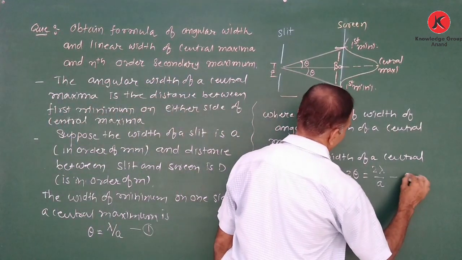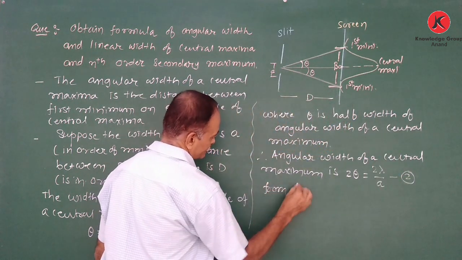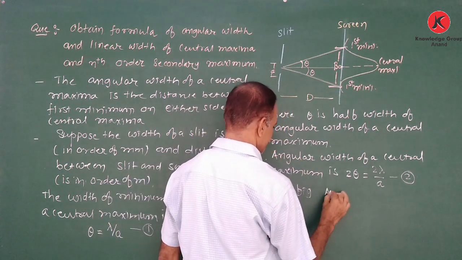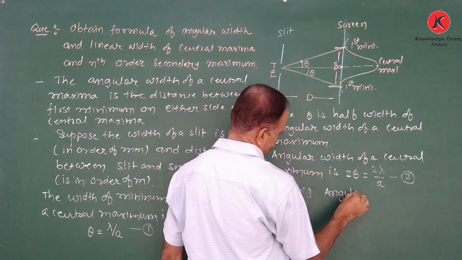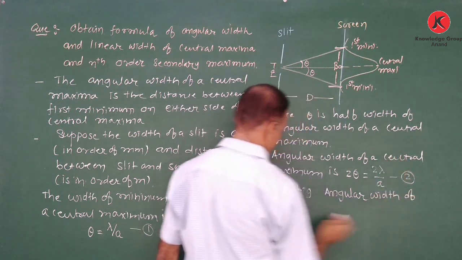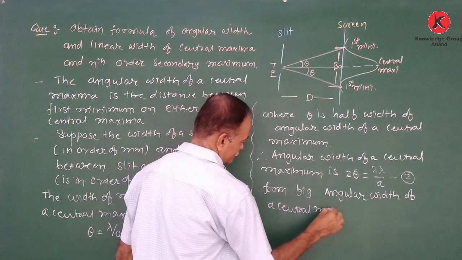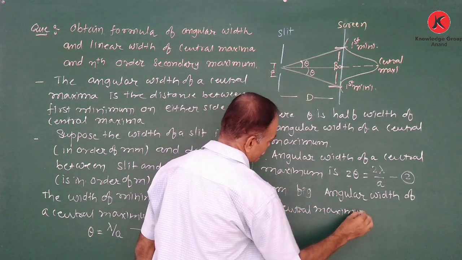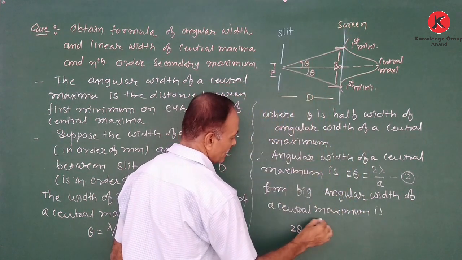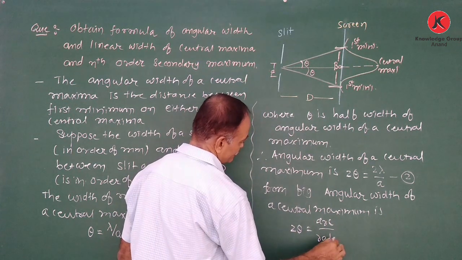That is equation 2. Now from the figure, the angular width of a central maximum is angle 2 theta is equal to l upon radius.